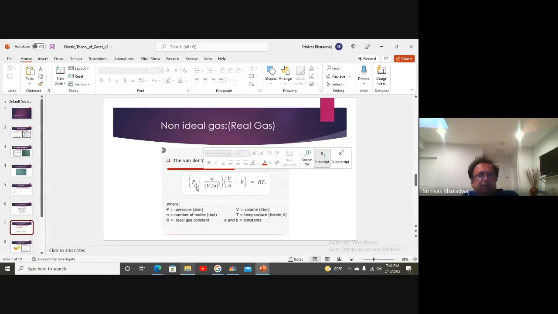Instead of PV equals nRT, you end up with P plus a term, times V minus nB, equals nRT. The pressure is affected by this term and the volume is affected by this term. So PV equals nRT changes quite differently. This is an adjustment to the pressure, and this is an adjustment to the volume.